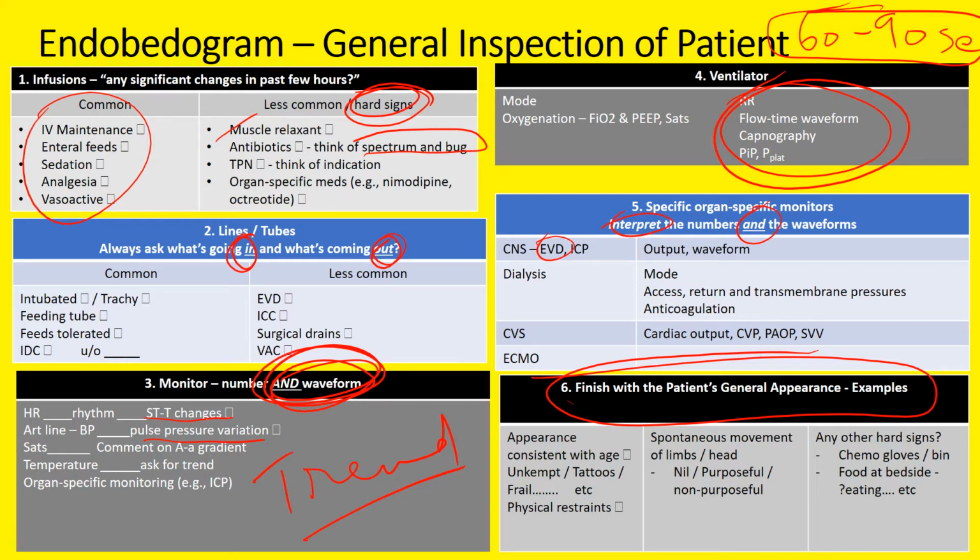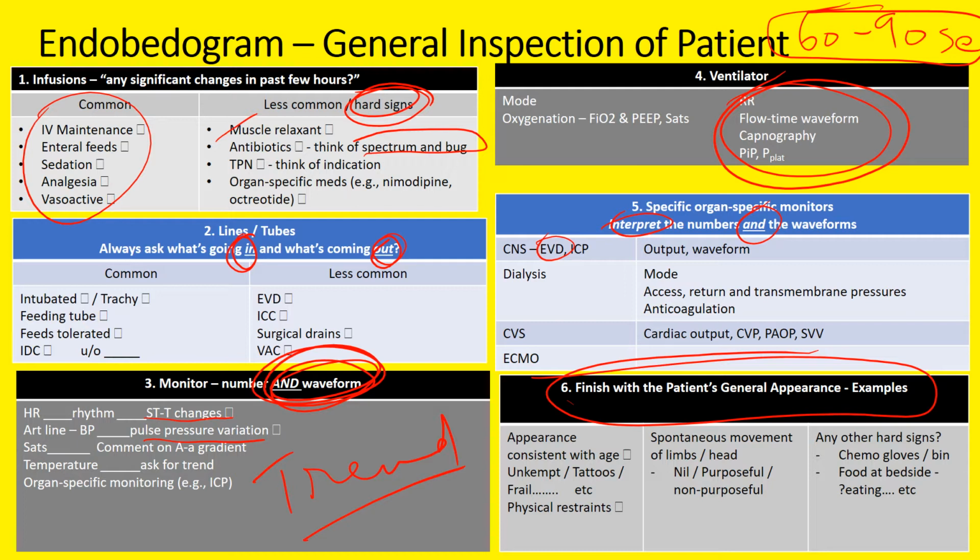You don't require a rocket science degree to interpret the fact that a patient who's getting 70 mils of nasogastric feeds, you can safely assume, I think he's tolerating his feeds. Okay. And if a patient is on 30% oxygen and saturating 200% on his pulse oximeter, you can say clearly he's oxygenating excellently. That kind of thing.